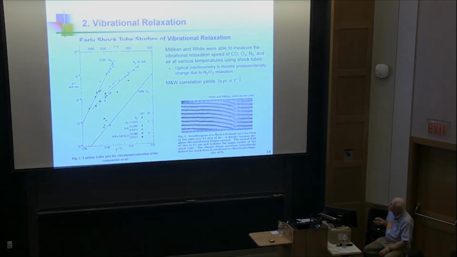And so Millikan and White did their experiments, and they plotted data for, say, pure oxygen. The data is pretty scattered. Nitrogen and air, pure nitrogen. So it obviously depends upon the gas mixture. The data are pretty scattered, but the correlation built by Millikan and White was a best fit to all the data. But how did they do the experiment?